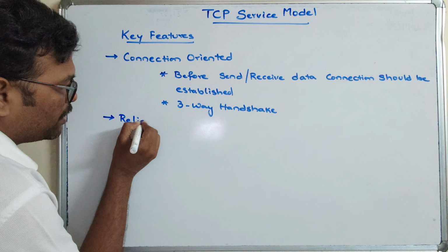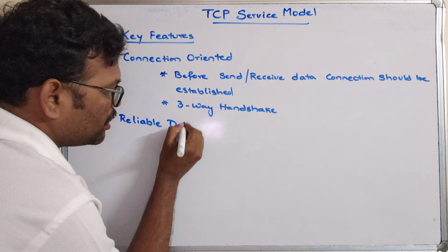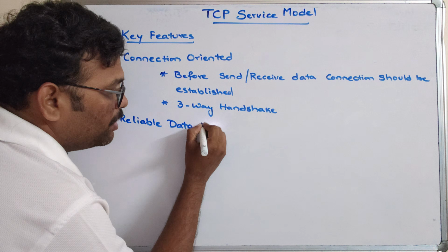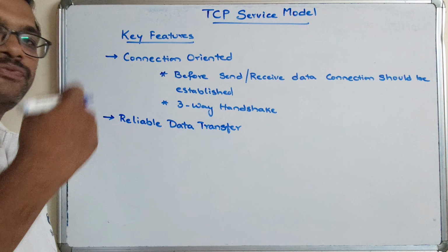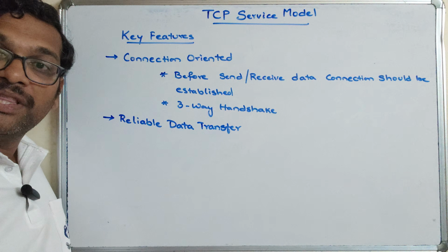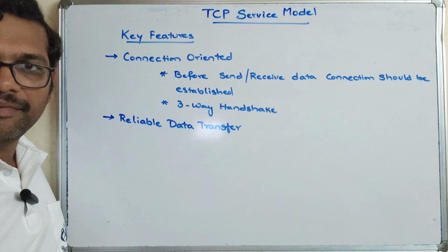reliable data transfer. As we are saying, it is connection oriented. The next feature of the TCP protocol is reliable data transfer. That means the data can be transferred to the destination without any loss, without any error, and without any delay.